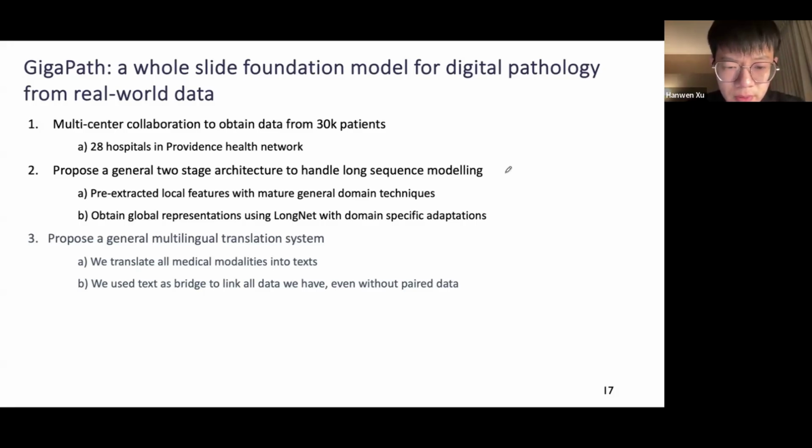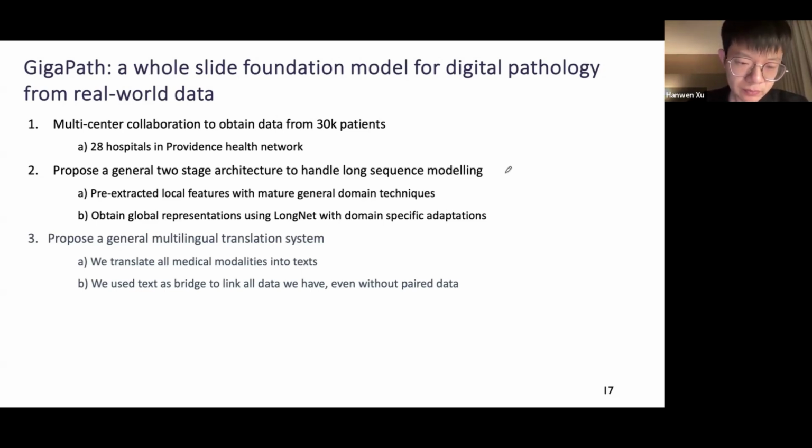The slide-level global representation learner aggregates and summarizes patterns from a broader perspective on the histopathology images. Specifically, to handle extremely long sequences, we use the LongNet model with domain-specific adaptations. LongNet can handle billions of tokens, which makes our model directly applicable to histopathology images and potentially, in the future, able to model all the medical data associated with a single patient.